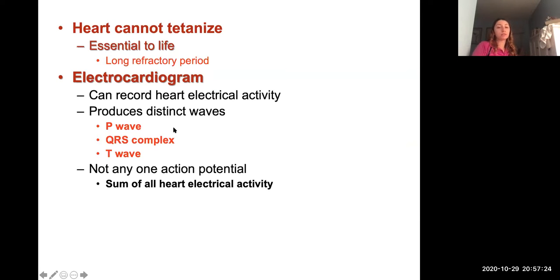The second one is the QRS complex, which records the depolarization of the ventricles. And the T wave shows the repolarization of the ventricles.